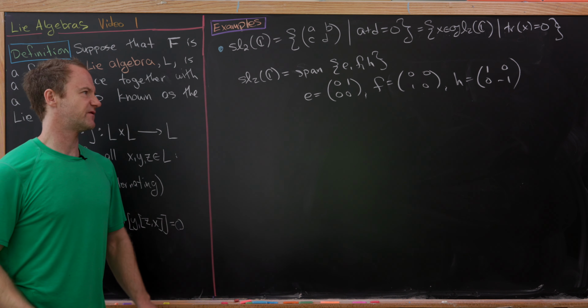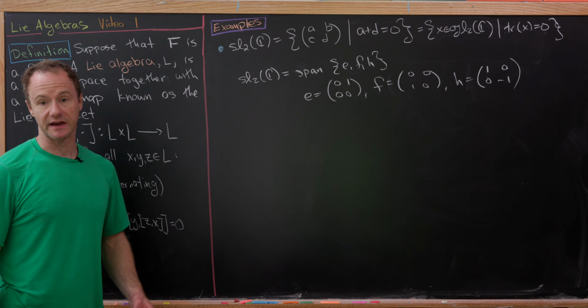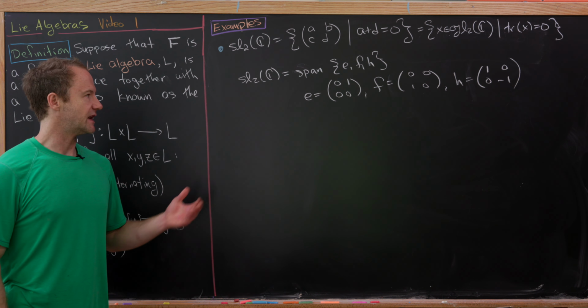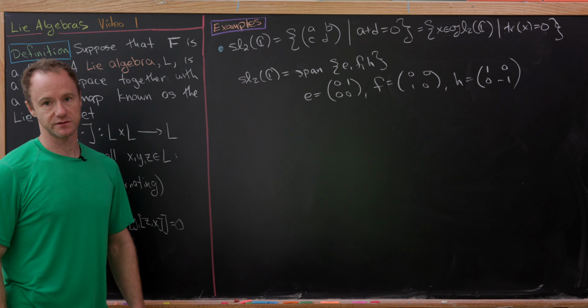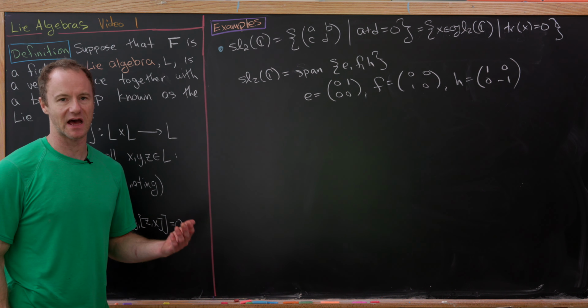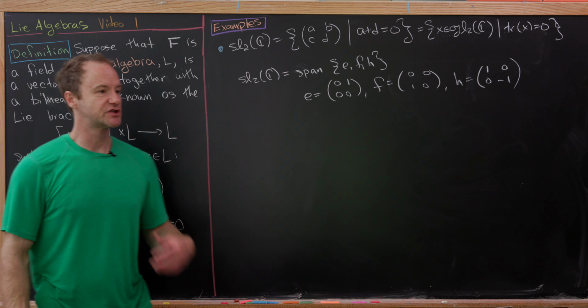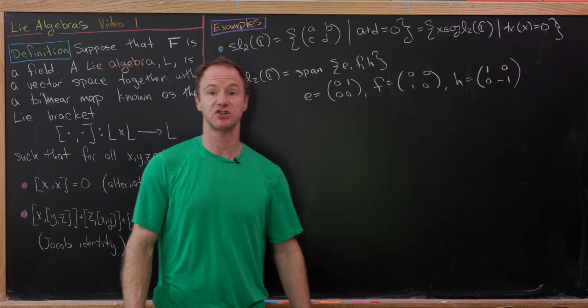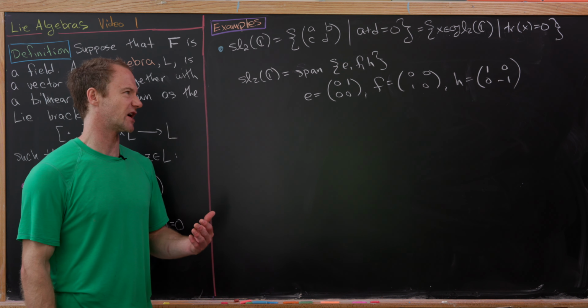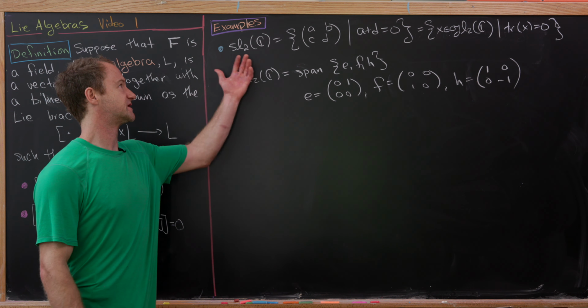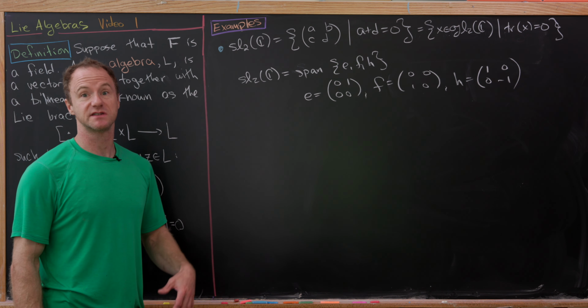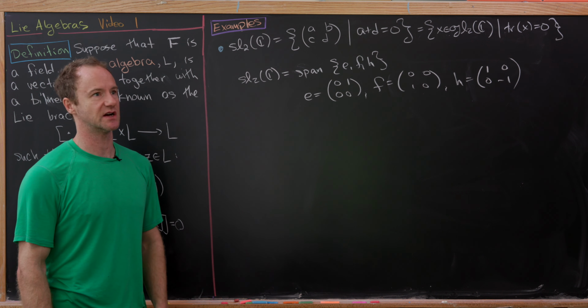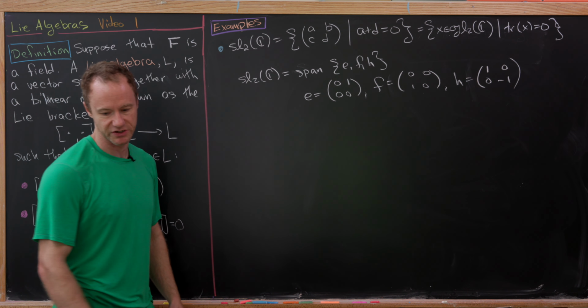So again, you can find that from simple linear algebra techniques. But now let's check the bracket of those. So the bracket is the same as we had before, so it's the commutator. So we already know that it satisfies this alternating condition and this Jacobi identity. We really just have to check that our subset, or really our vector subspace of GL2, is closed under this operation.